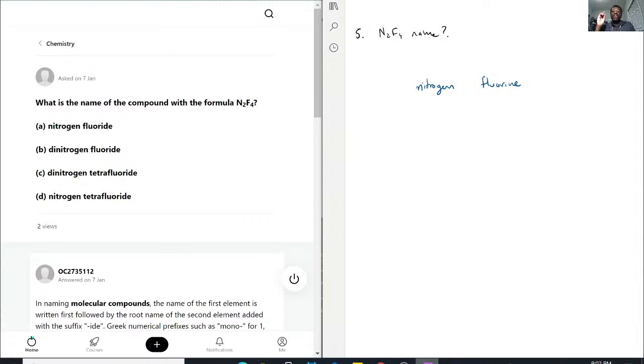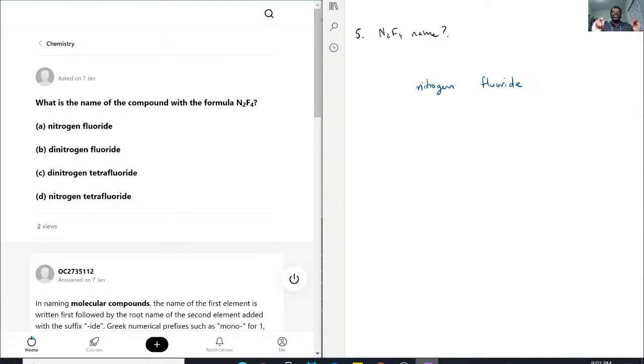The one thing I'll change right away is that just like when we name ionic compounds, we want fluoride, IDE, as the end. But now it comes to what happens in between. For non-ionic compounds, so covalent compounds, typically we want to state the amount of each atom there are in this molecule. And we go through the whole mono, di, tri, tetra, on and on.